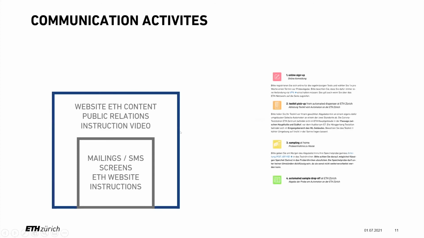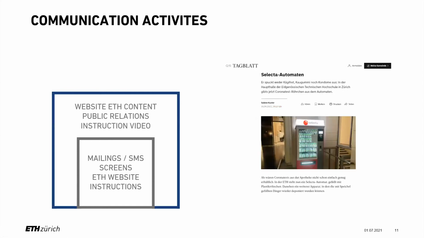We had more website content, where we tried to make it as appealing to the eye as possible. It also includes public relations. It includes an instruction video, which I'd like to show you so you have a better idea of what we did.